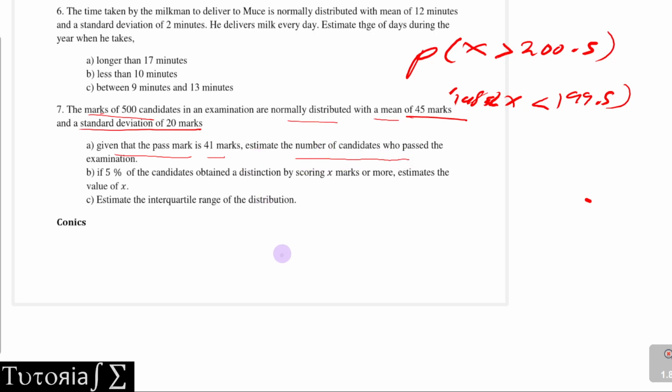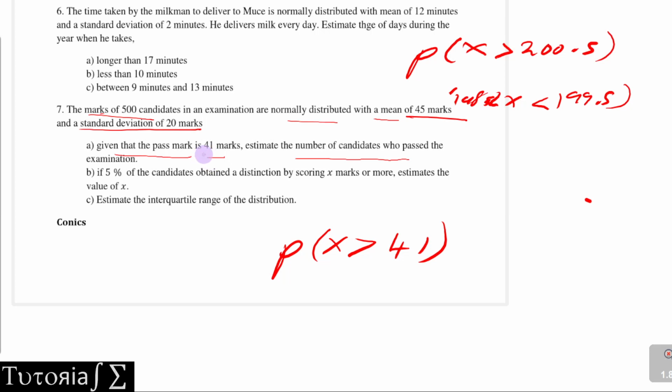So we're looking for 41. So we're looking for X greater than 41. Since the pass mark is 41, we're looking for X greater than 41.